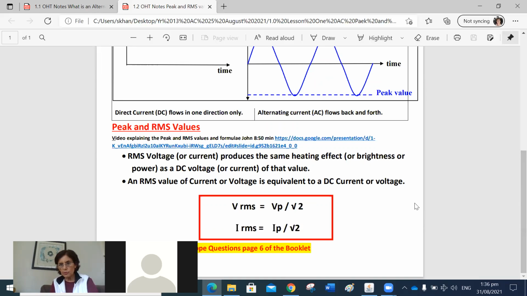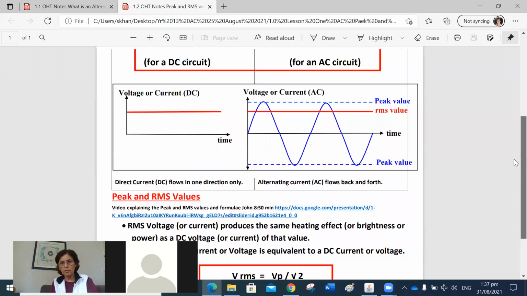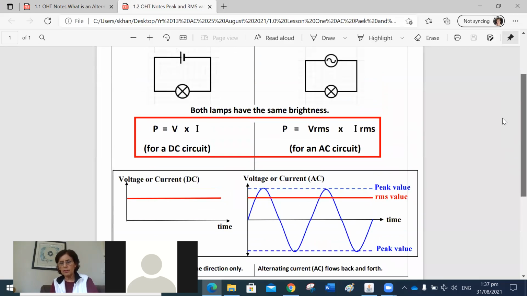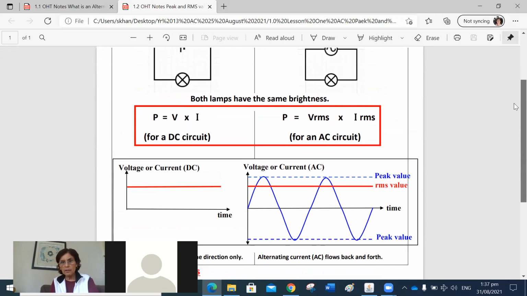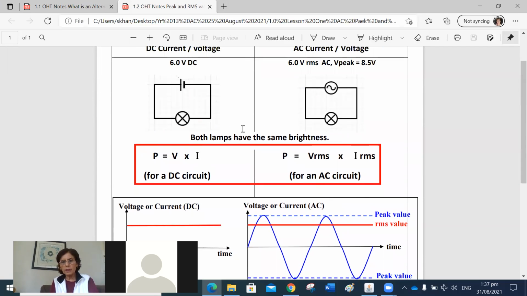Okay, any questions about these diagrams or notes? It's a new concept, girls, so obviously in the first go you may not completely understand it, but there are some activities that I have put in.